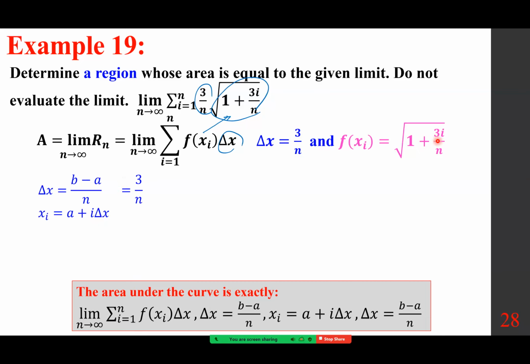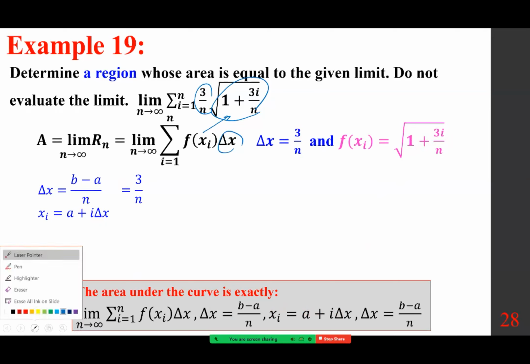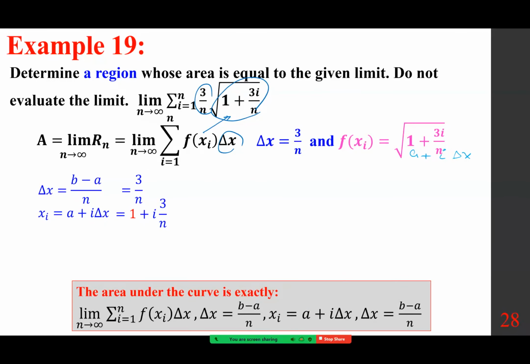From here, one approach would be a plus i delta x. If you compare these two, delta x is 3 over n, a is 1. Compare. Right?